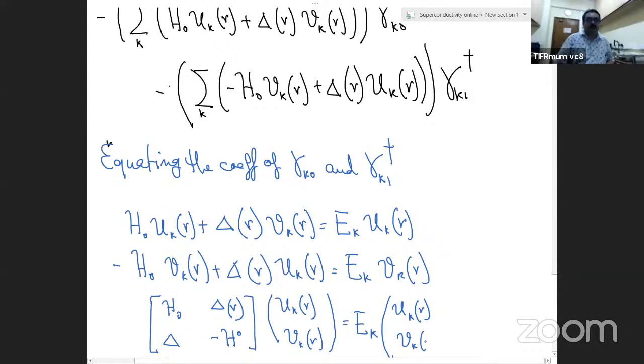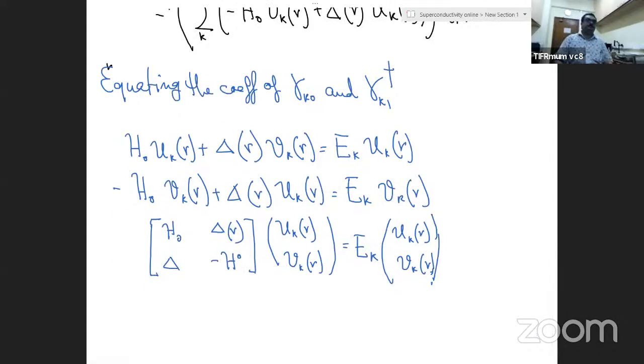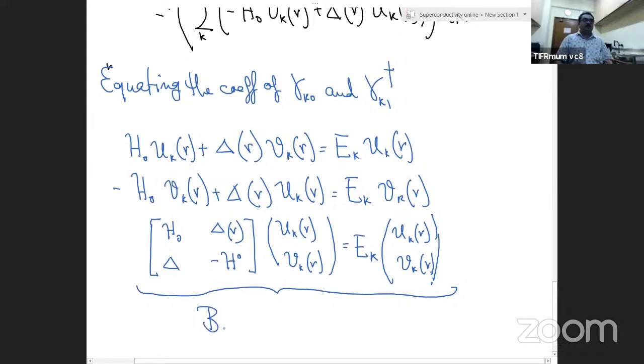So this is your eigenvalue equation where your wave function is not given by one element, but the wave function now is a 2 by 1 column matrix with two elements. This is the Bogoliubov-de Gennes equation, the celebrated BdG equation.